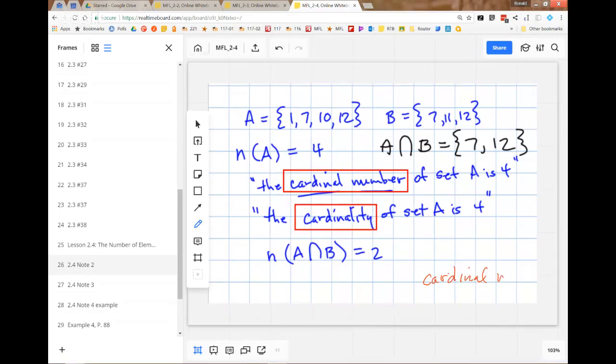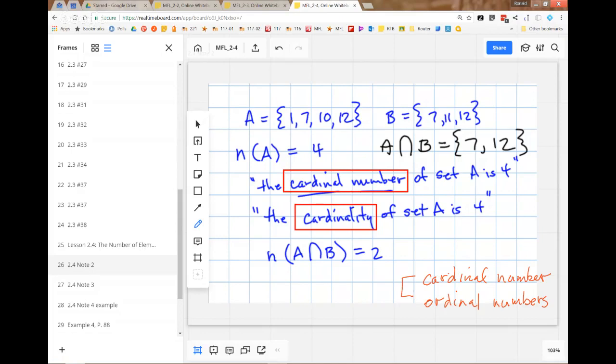There's a cardinal number, and there are ordinal numbers. I'm going to just explain the difference between those two. A cardinal number is simply how many.